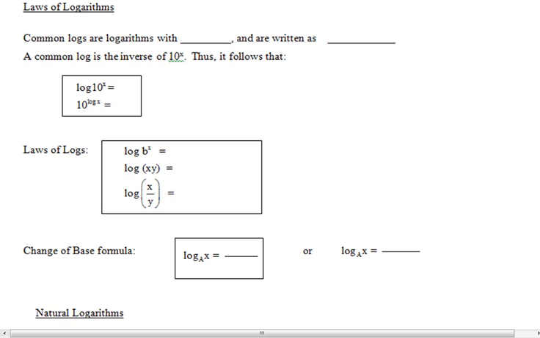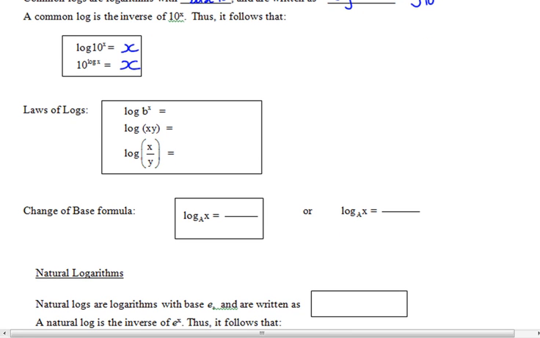The common log is base 10, just written as log x or log base 10 of x. So if we have log 10 to the power of x, what would that be equal to? Just x. Good. And a new one for you: what would this be equal to? x as well.